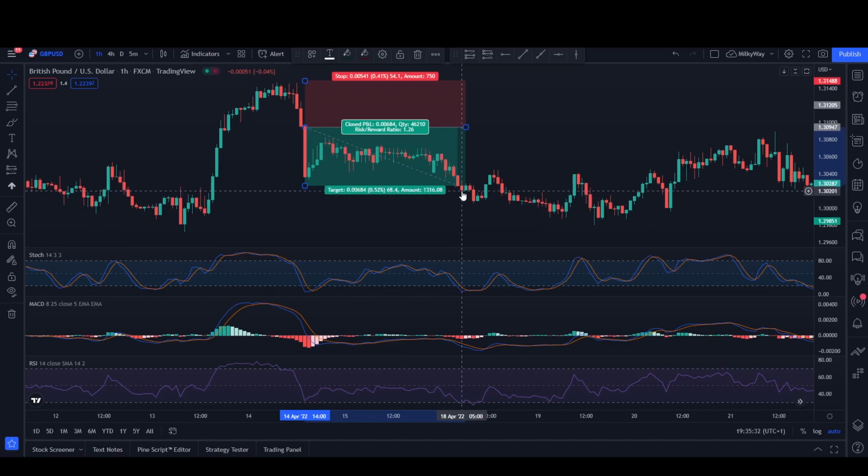right after this candle. However, after this, we've got an oversold stochastic, so we are looking for a long trade. The MACD needs to be trending upward and the RSI needs to be above 50. So we wait until it happens, which is on this candle.